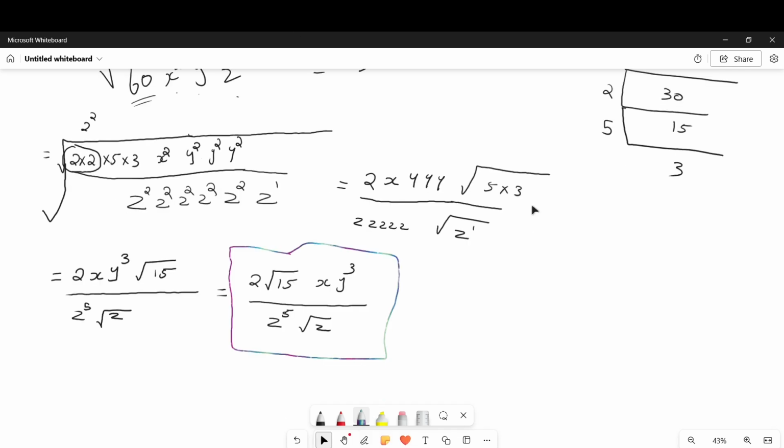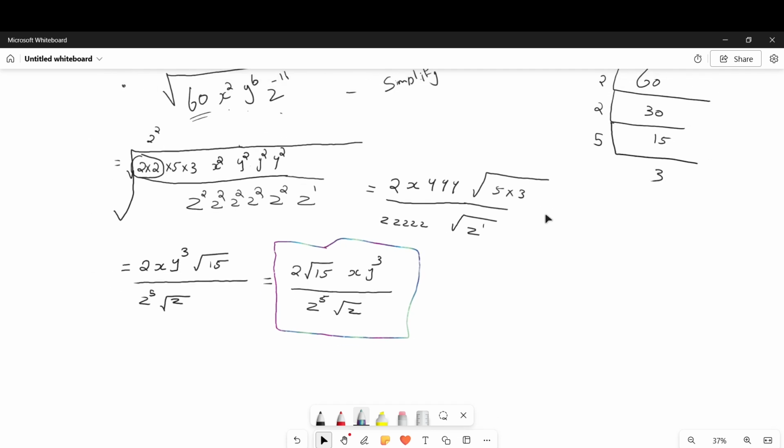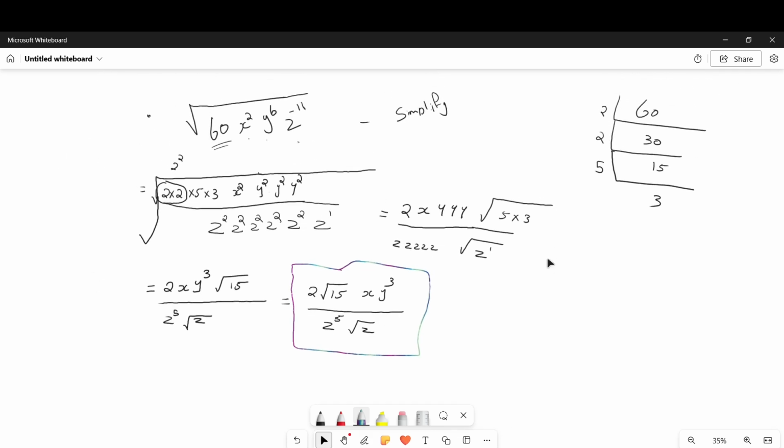Okay, this is how we simplify a radical expression. So just see where we started and where we ended. This is the radical expression here. Look at the expression, how complicated this is. Inside the root there are numbers and variables with different powers. Then we convert this into this form. See how simple it is.